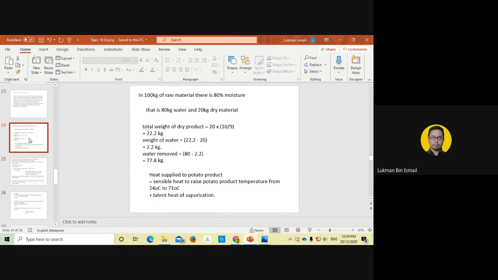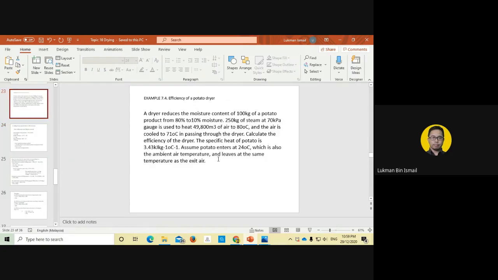This calculation did not come with the symbols of the parameters, so you have to find out what these are: 22.2 minus 20, lambda, m, and how to calculate the m. So you are going to repeat this calculation for finding the efficiency of a potato dryer.